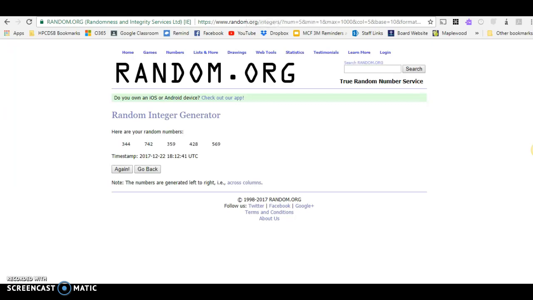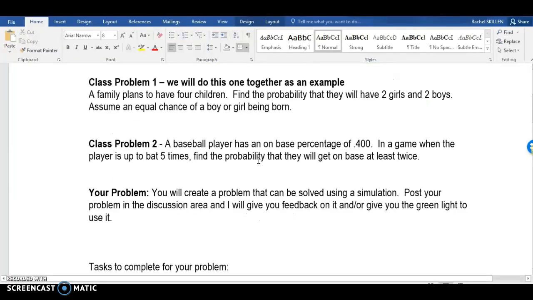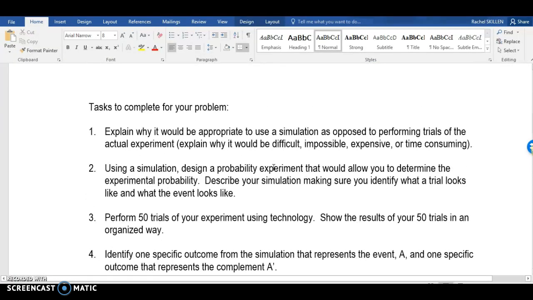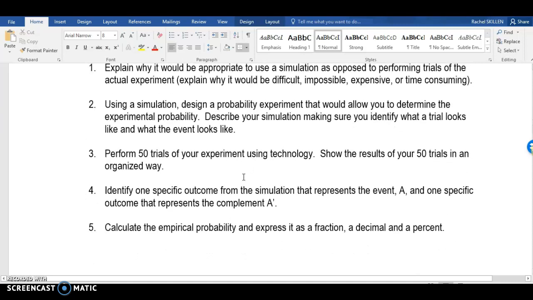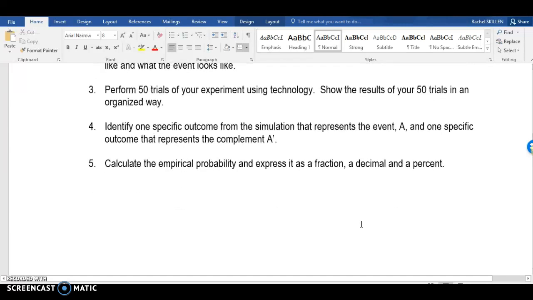With a dice you can do evens and odds if it's 50-50, so you have lots of options if it's a 50-50 situation, but if it's not, then you can use random number generators to represent those probabilities. And so I would do 50 trials of my experiment, identify my two outcomes, one where the event happened and one where it didn't, and then I would calculate the empirical probability based on the results of my 50 trials, and then express it as a fraction, a decimal, and a percent.